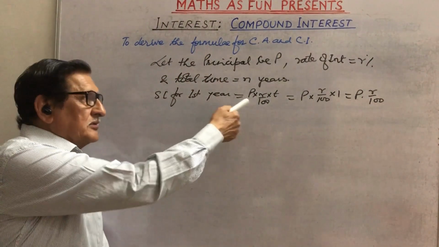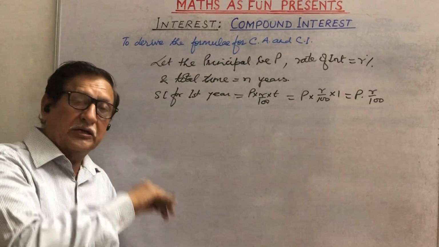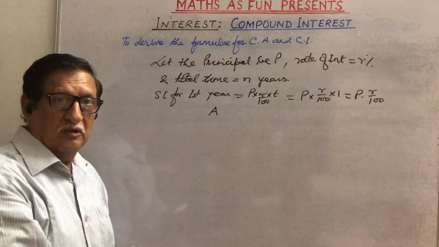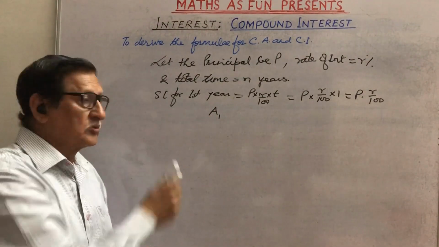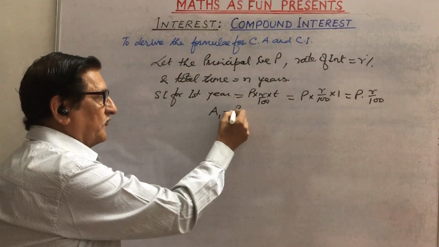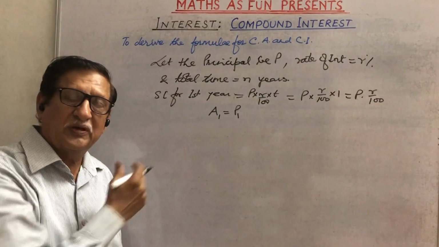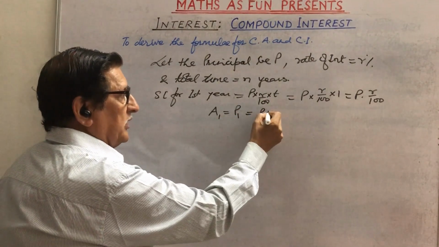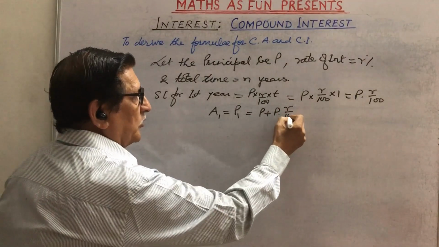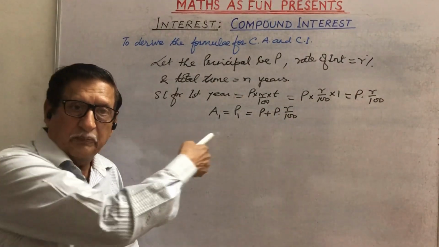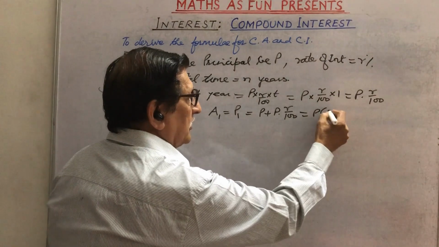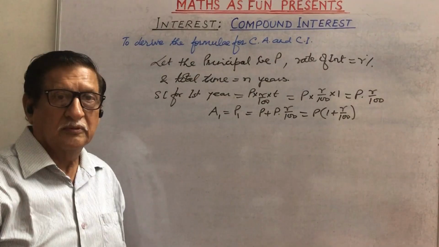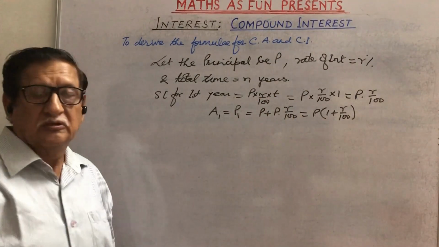When we collect the simple interest and add it to the principal, that becomes the amount. We can call it the first amount because that will become the principal for the second period. We write it as P1. That will be equal to P plus P into R upon 100. If we take P common, this will be P into 1 plus R upon 100. Now this is the principal for the second year.